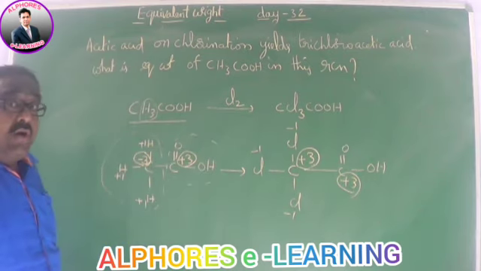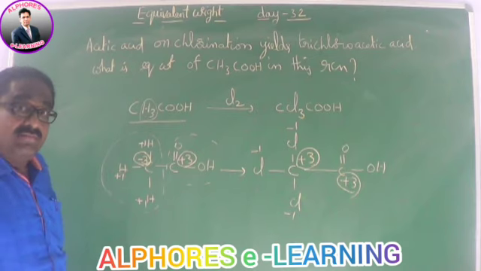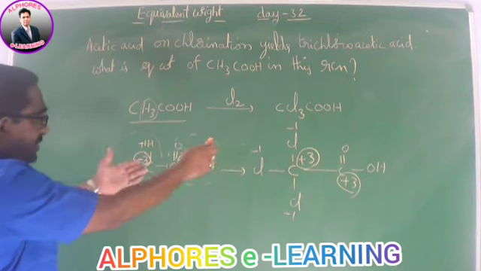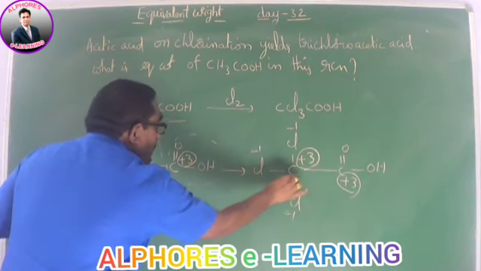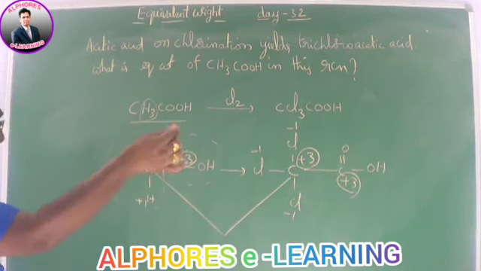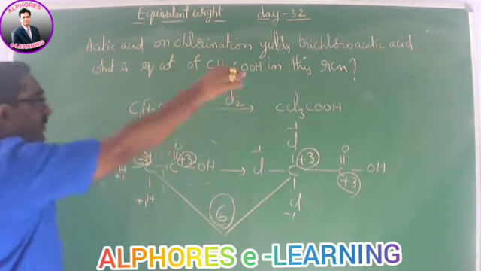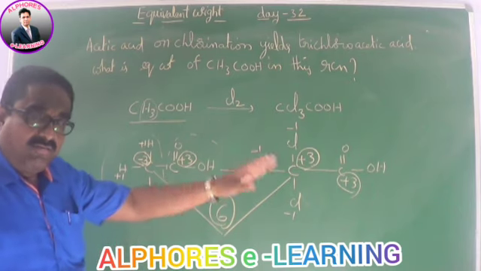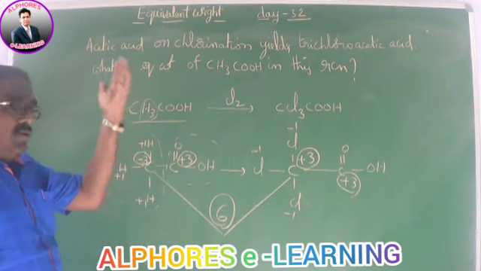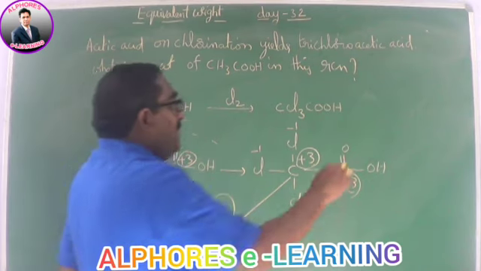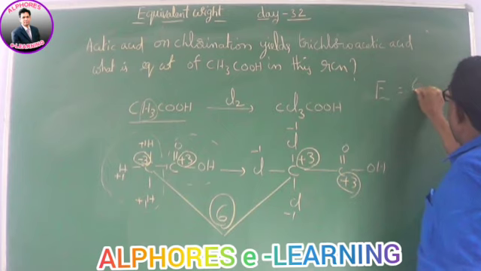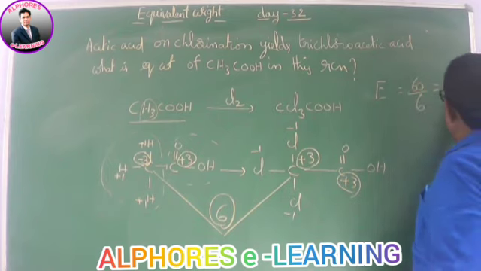Now we have to estimate the n factor here to calculate the equivalent mass. The first carbon has no change. For the second carbon, the change is from minus 3 to plus 3, total 6. So I finally got the n factor of acetic acid when it is undergoing chlorination. Let me write its equivalent mass. Formula mass 60, acetic acid formula mass, divided by 6, that is 10 grams.